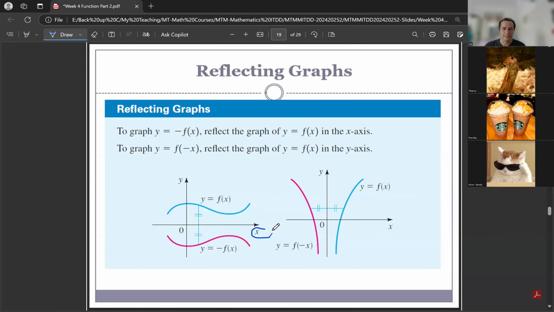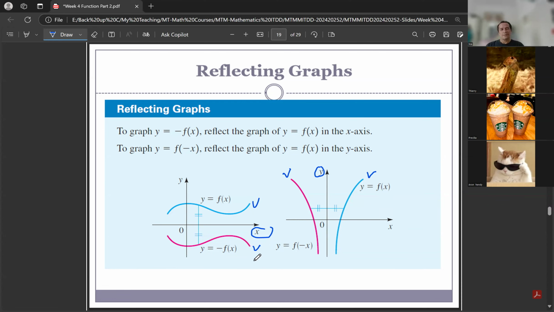This is the x-axis, this is our original, and this is the mirror below. And reflect the graph in the y-axis. This is the y-axis, this is the original, and the mirror is on the left. Yeah, this is the mirror of the graph.